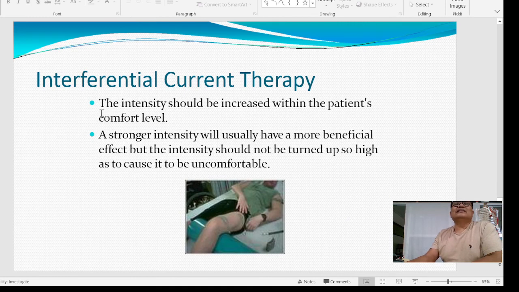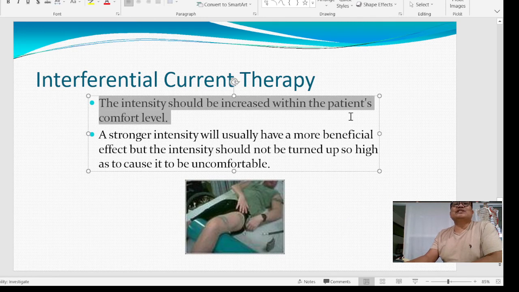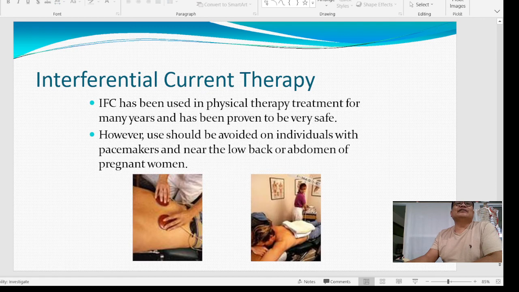Okay. So the intensity should be increased within the patient's comfort level. That is its category. So the IFC has been used by physical therapy for many years, and it is proven to be safe.